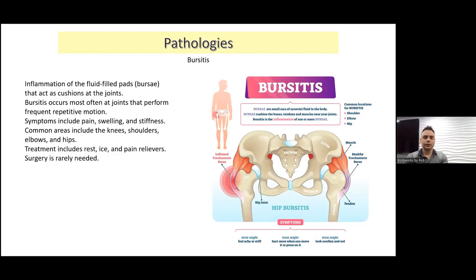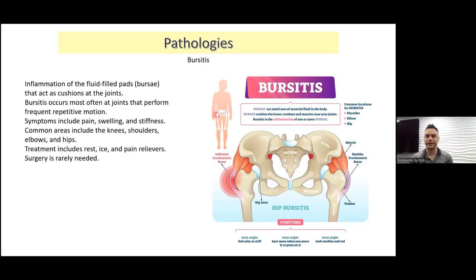Well, one, we don't massage bursas to begin with, so not much to do, right? Not much to do in the sense of alleviating or treating the condition itself, but we could be more palliative and help to reduce the pain and suffering.